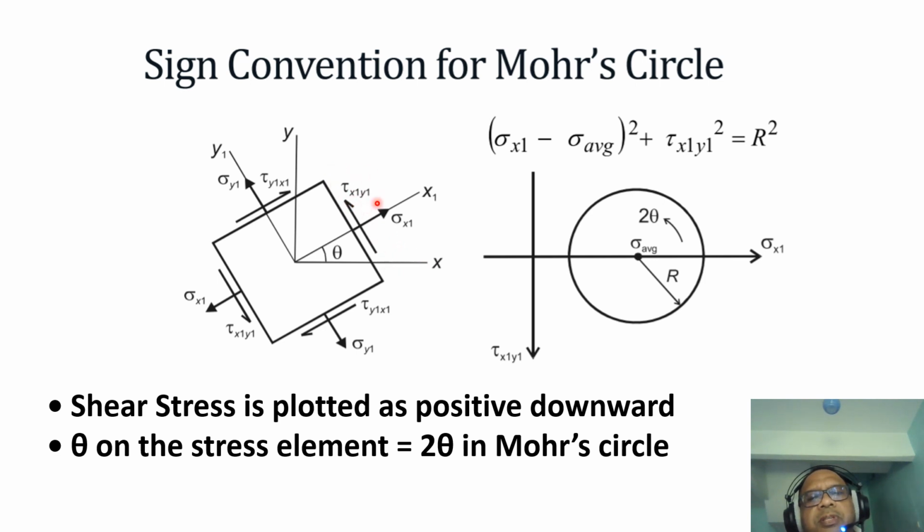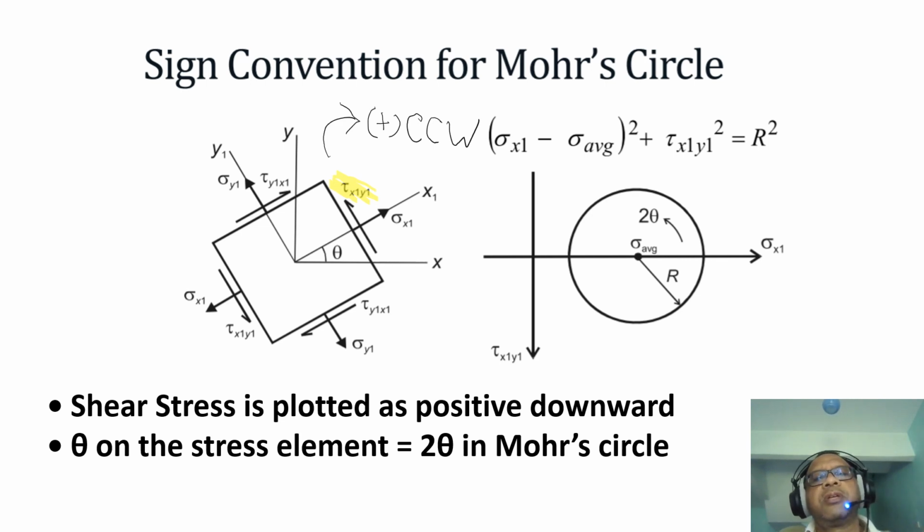That's why we call it tau xy. So maybe we'll highlight it here. This is positive counterclockwise. Okay, so only for this surface.